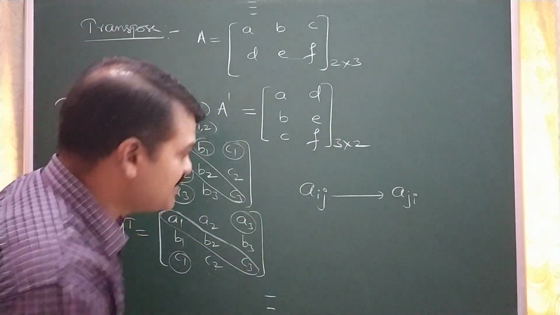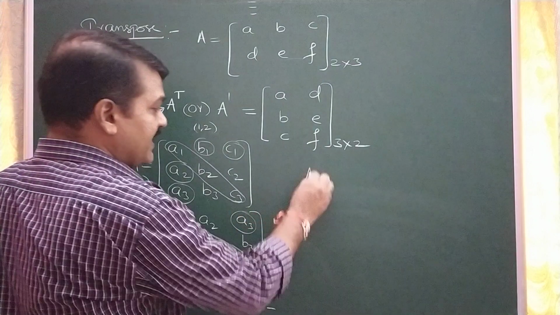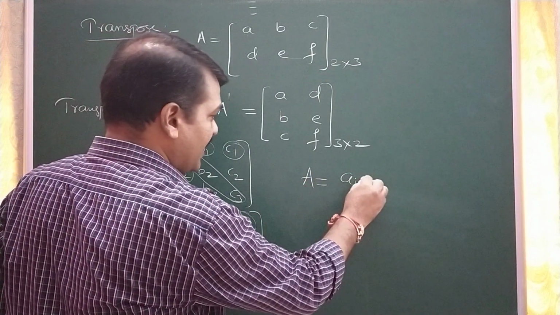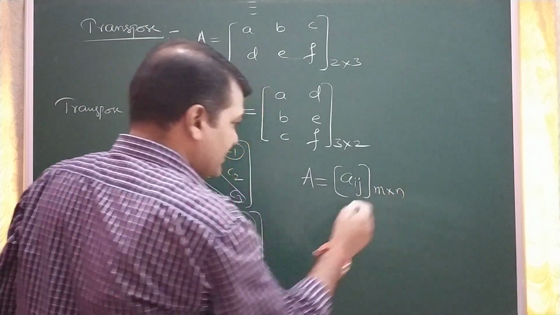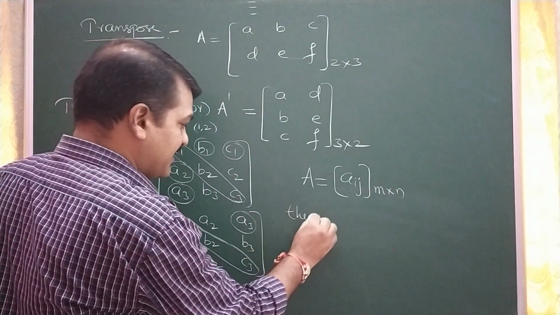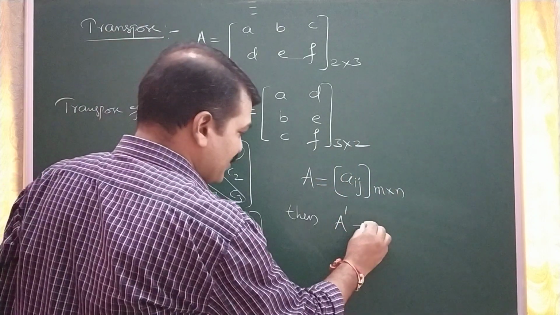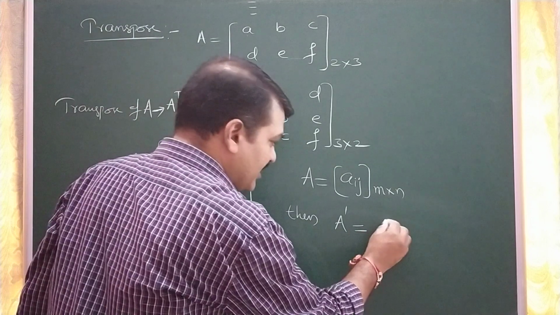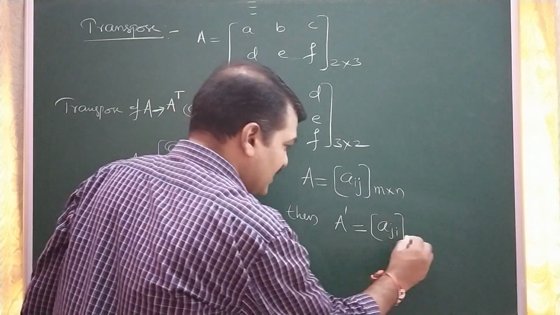Okay, so in general I can write like this. If capital A is equal to Aij, m cross n, if I am taking a general matrix with m rows and n columns, then A transpose will be written as Aji, n cross m.